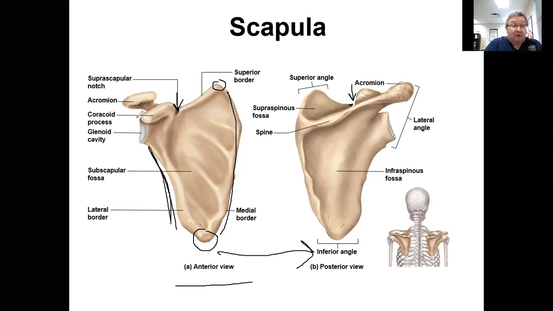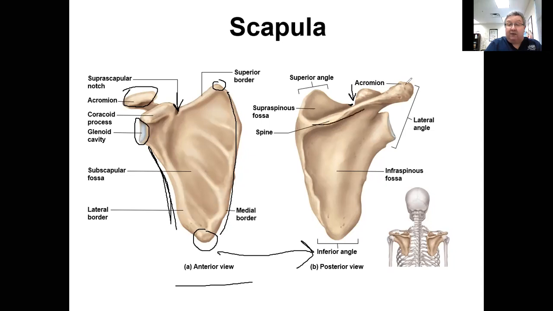This area right here is that glenoid cavity. It's the glenoid cavity that articulates with the humeral head. This bone sticking out right here is the acromion process. If you look on the right-hand side, here's the spine of the scapula right here.